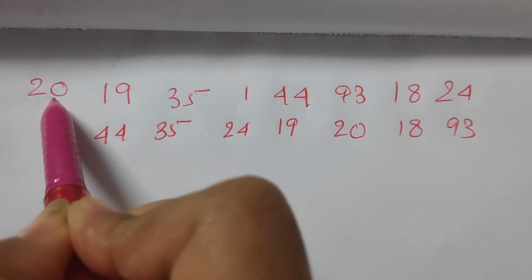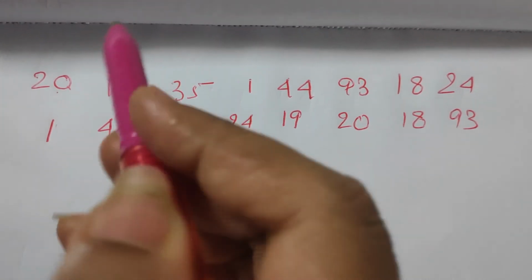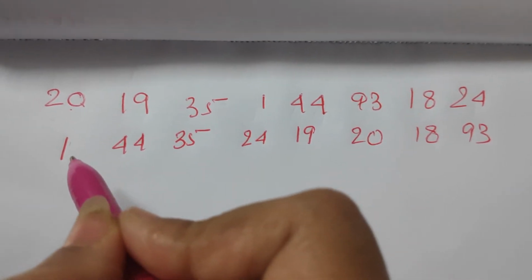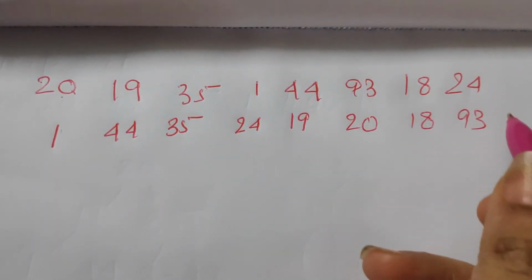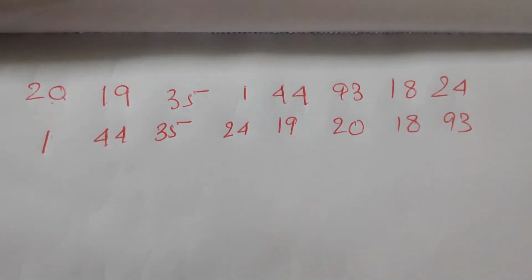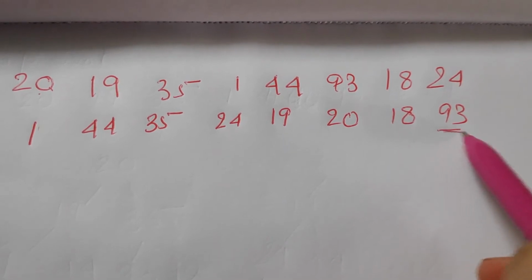This was our initial array, and after creation of the heap and replacing the maximum number with the leaf node, we have got this arrangement of the array where the maximum number in the array has been placed at the end.